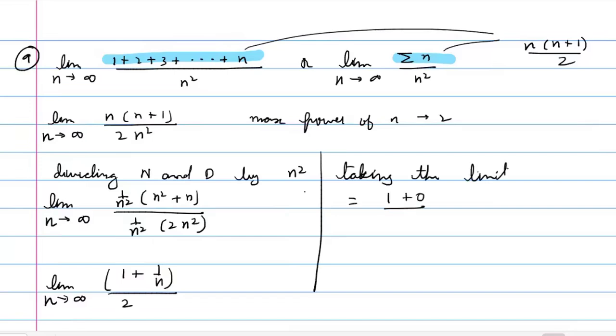We get 1 plus 0 over 2. The answer is 2.